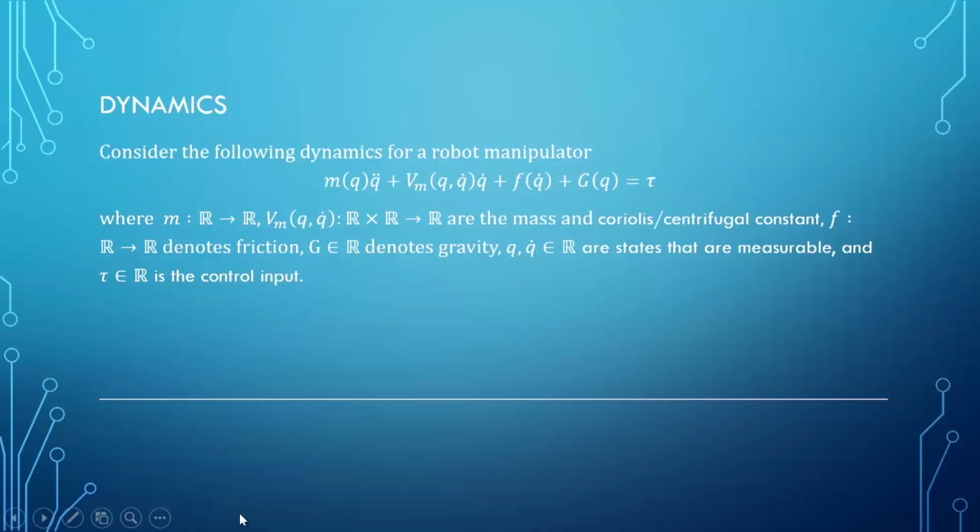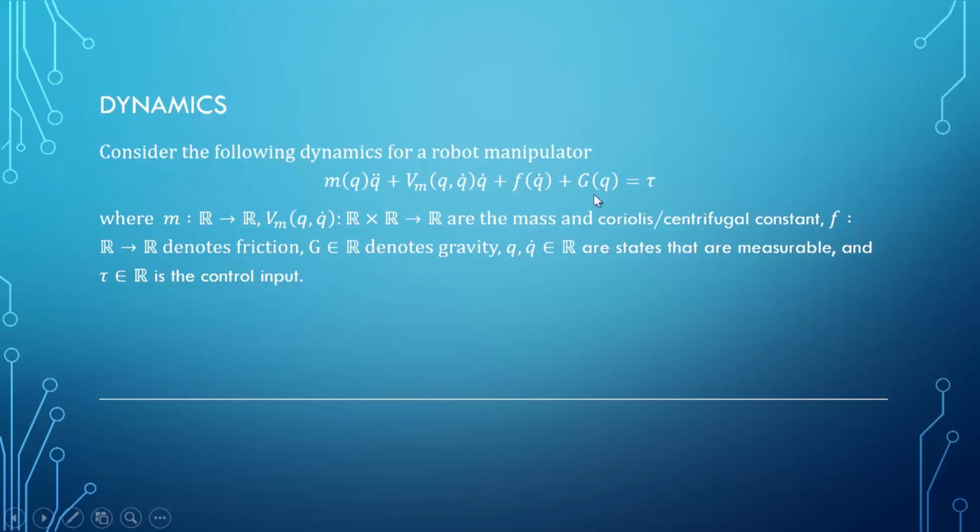In the robot manipulator, there are more terms that characterize the physical behaviors. So M is the mass of the robot manipulator. Vm is the coriolis effect, which is a function of Q and Q dot. F is the friction.